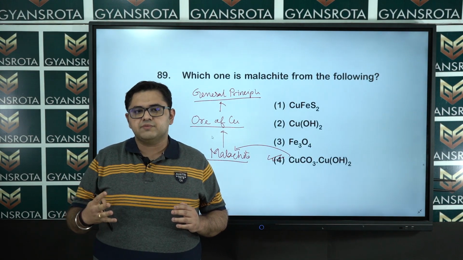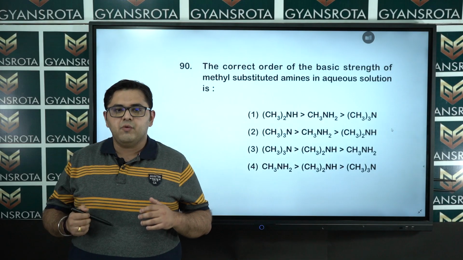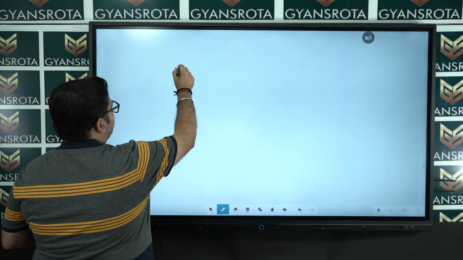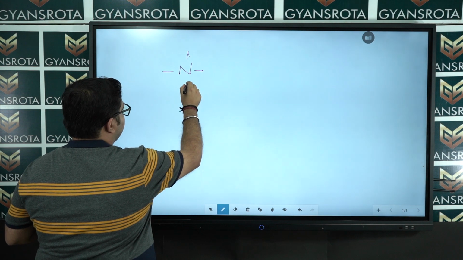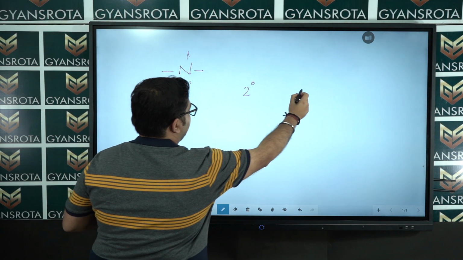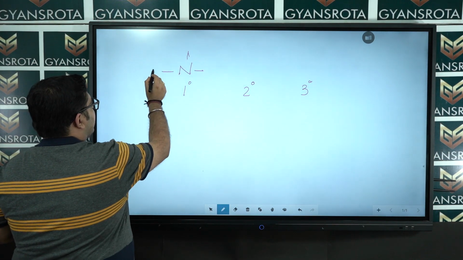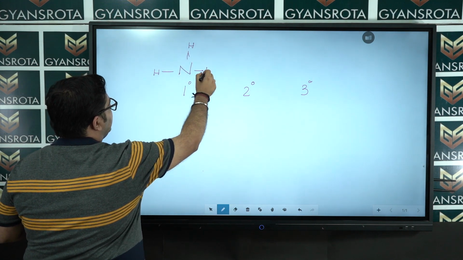Now, we are moving to the next part, that is question number 90. The correct order of the basic strength of methyl substituted amine in aqueous solution is. Now, we are moving to the solution part. In amines, we get 3 types: primary amine, secondary amine, and tertiary amine. How do primary amines look? It has hydrogen here, and 1 alkyl group.